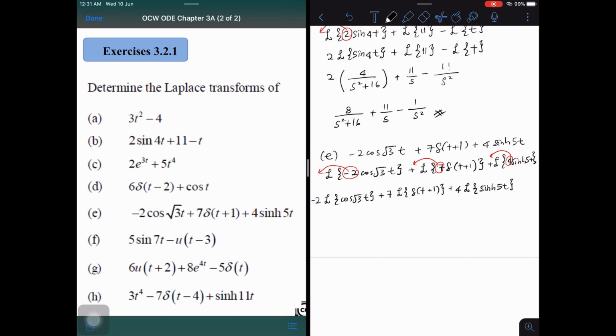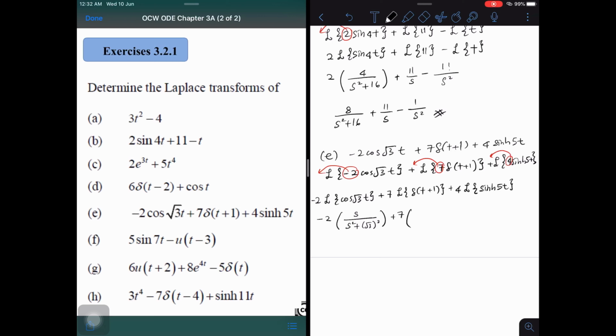Now we can solve the Laplace transformation of each function. The first one, we need to find the Laplace transformation of cos root 3t. The formula for cos is s over s squared plus a squared, so a here is root 3, and a squared is 3. Then we add 7 times the Laplace transformation of delta. The formula for the Laplace transformation of the delta function is e to the power of negative d s.